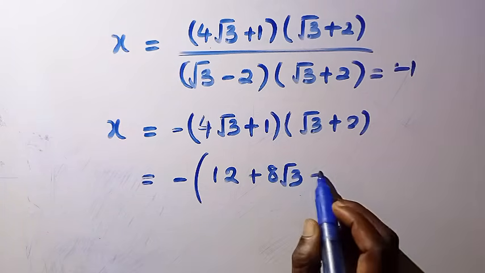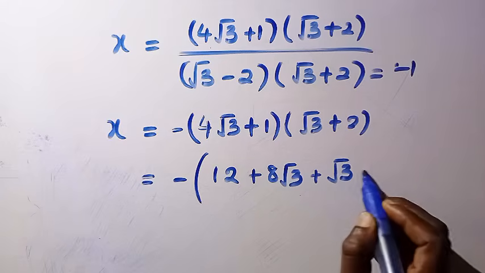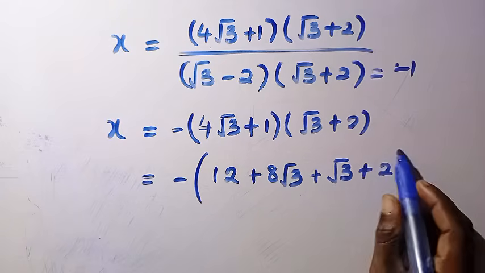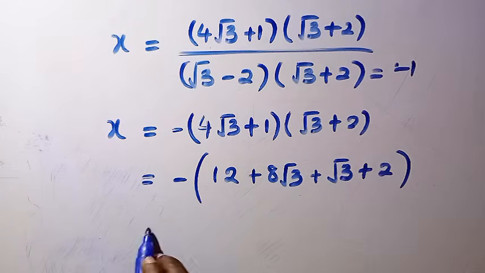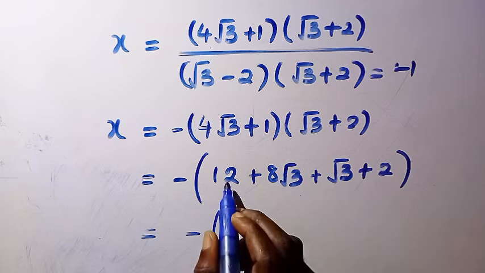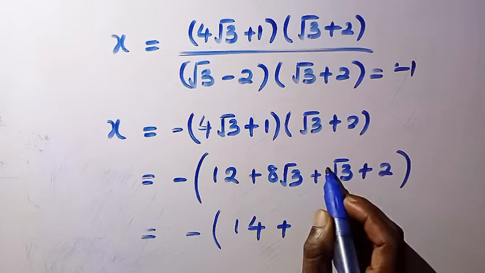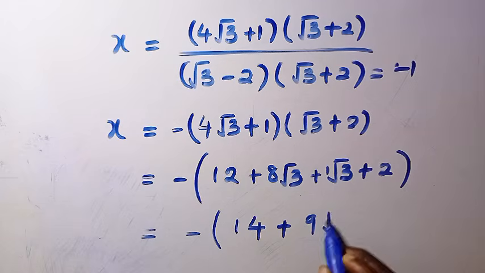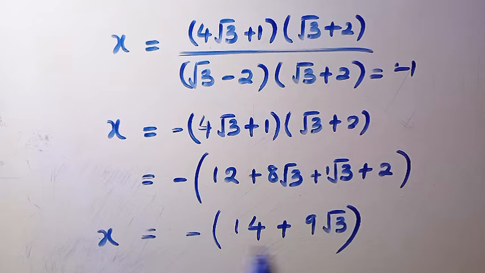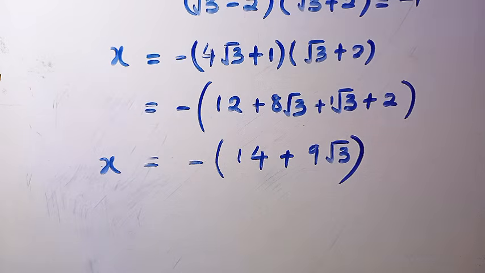And 1 multiplied by root 3 gives us root 3, plus 1 multiplied by 2, that is 2. So we have minus bracket 12 plus 2, that is 14, plus 8 plus 1, that gives us 9 square root of 3.